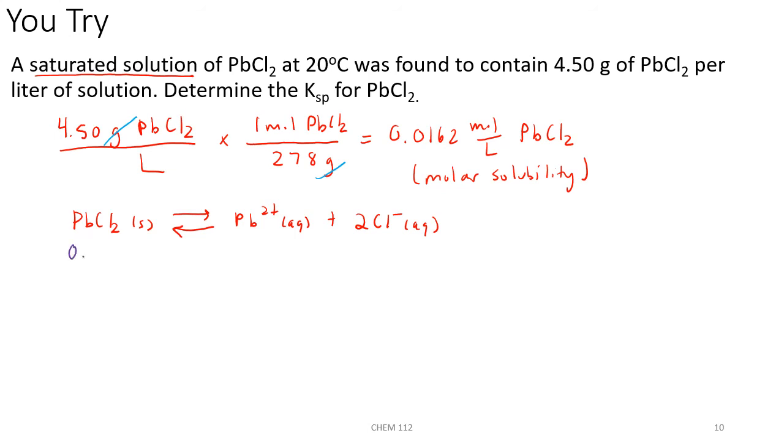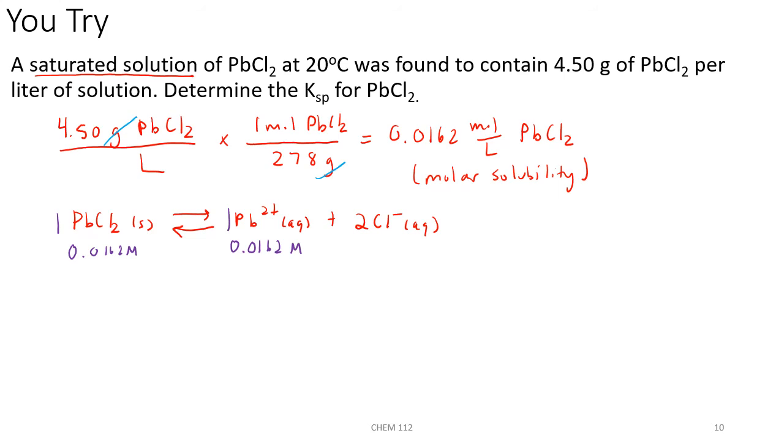Our lead 2 chloride has a molar solubility of 0.0162 molar, and the lead ion concentration will be the same as the molar solubility, 0.0162 molar, because those two have a 1-to-1 ratio between them in the balanced chemical equation.